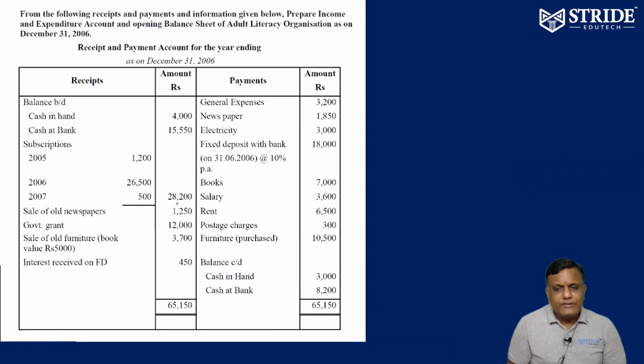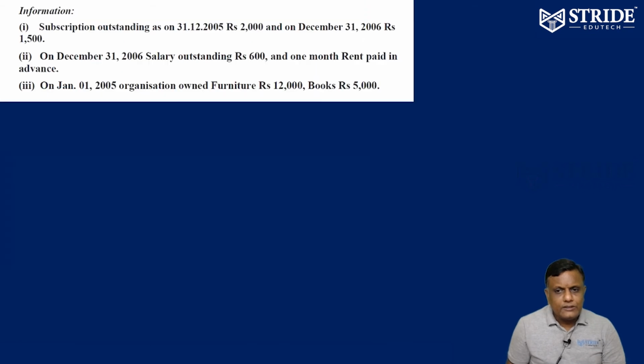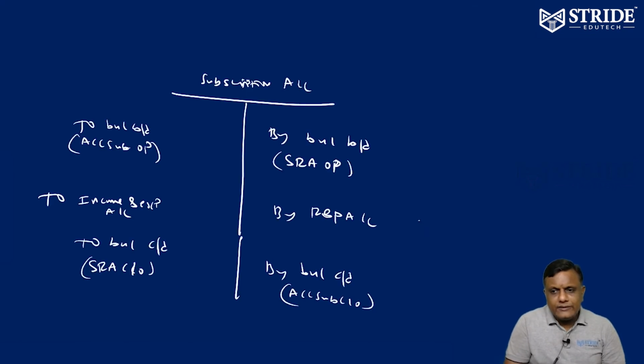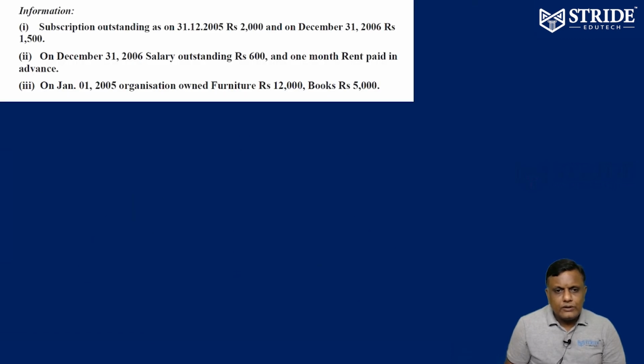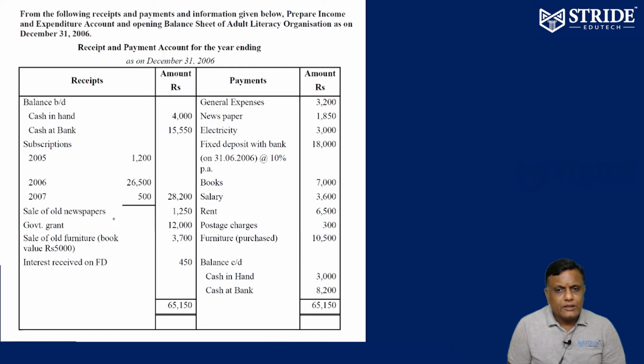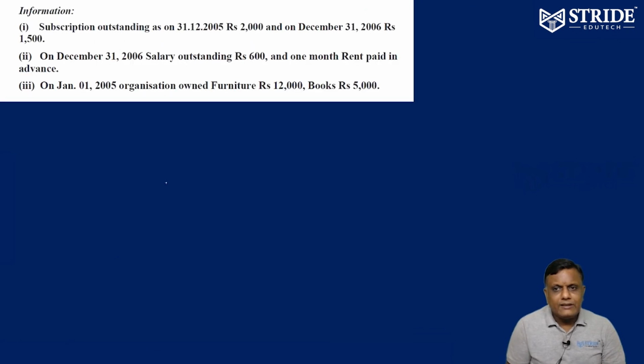Now, how much subscription have we received so far? I have cash 28,200, so 28,200 is equivalent to by R&P. Now, last year subscription outstanding how much? 2,000.